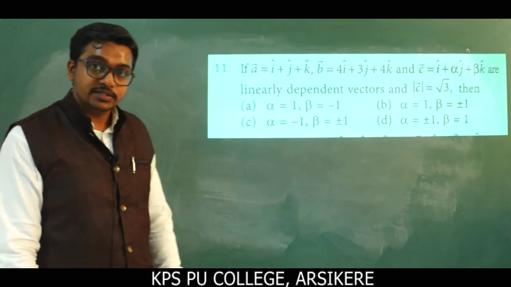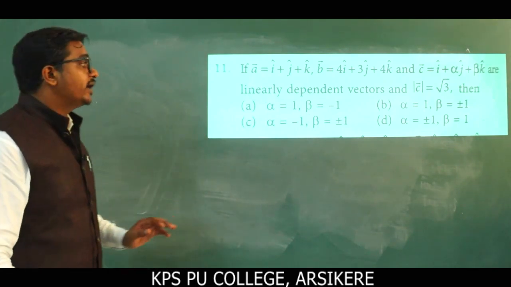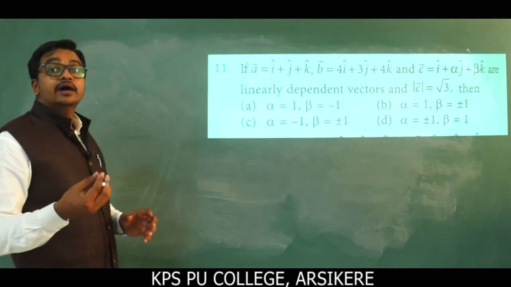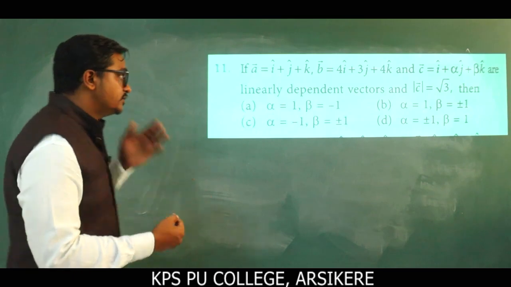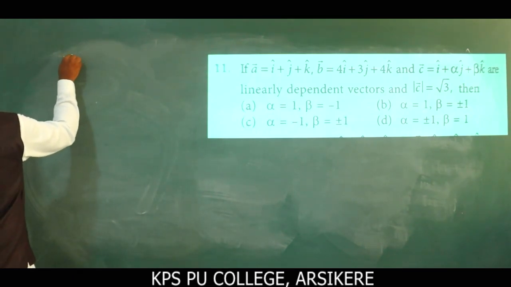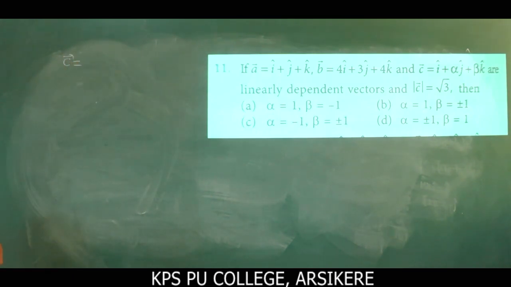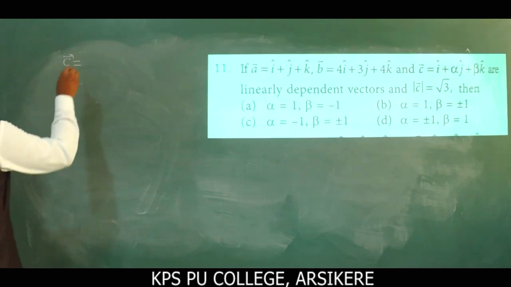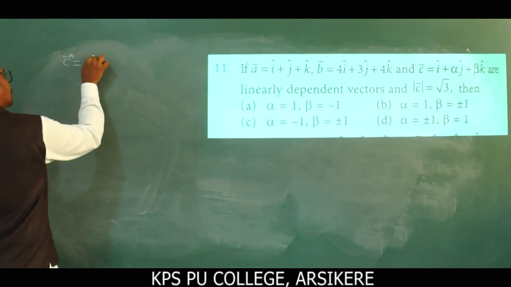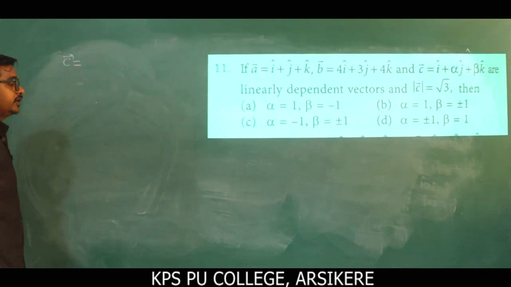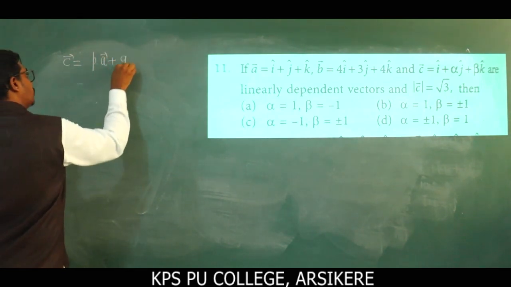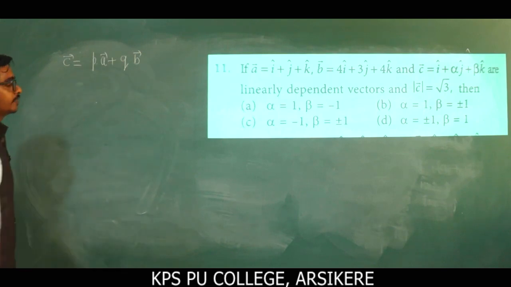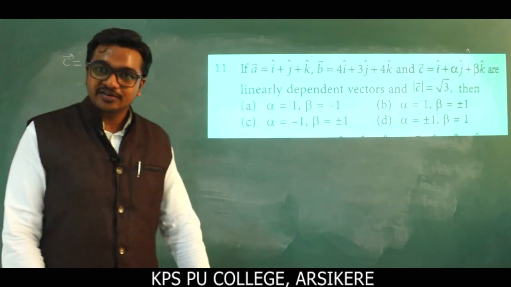Linearly dependent means one vector can be expressed as some scalar multiple of another vector or a sum of two vectors. So here, C is a linearly dependent vector, which means C can be written as, since I already used alpha and beta, P times vector A plus Q times vector B, where P and Q are some constants.